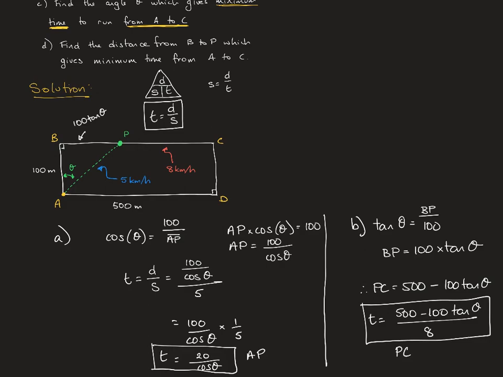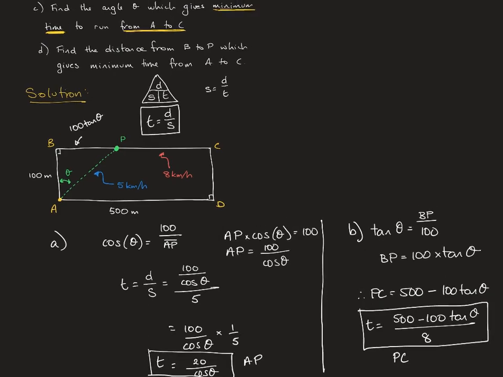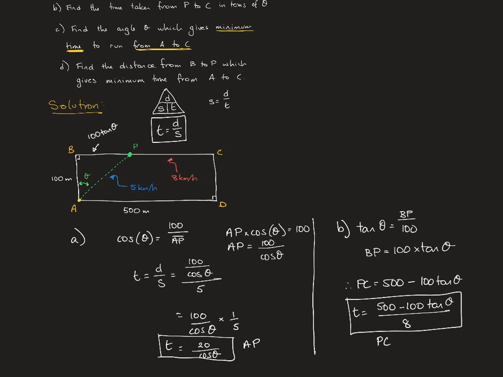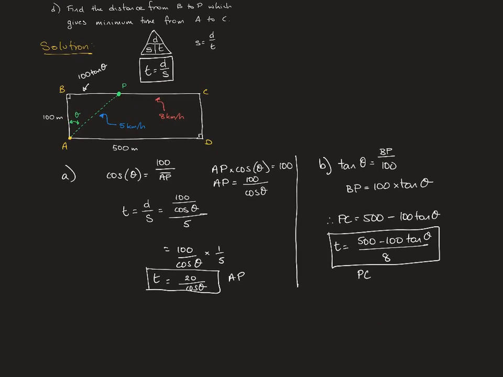And part C asks us to find the angle theta, which gives minimum time to run from A to C. So to run from A, we need the total time. I'm going to put T of theta.